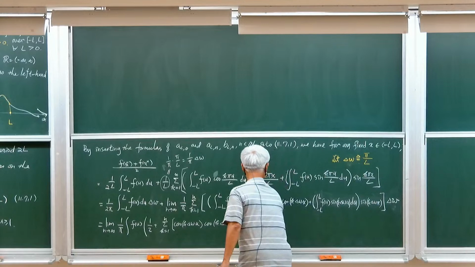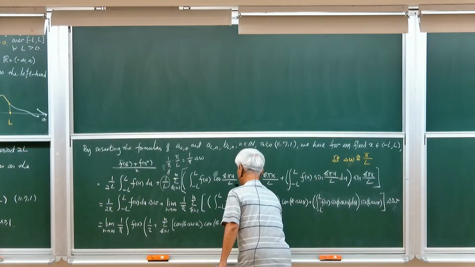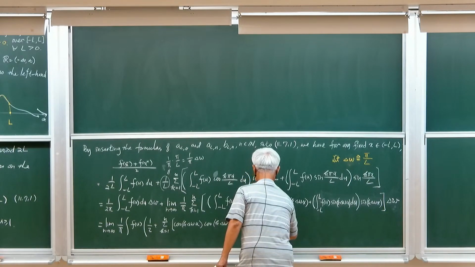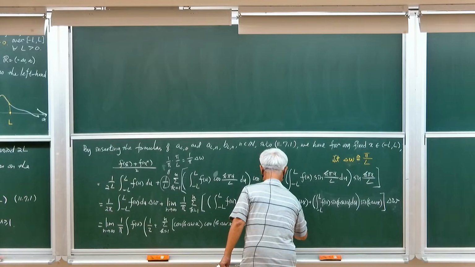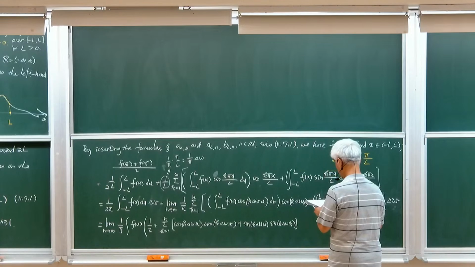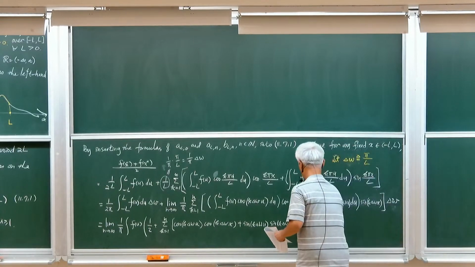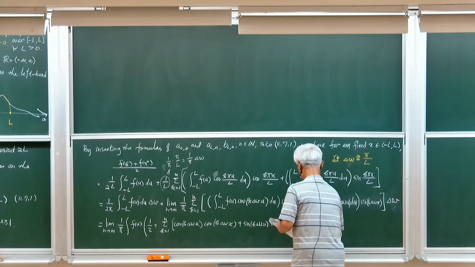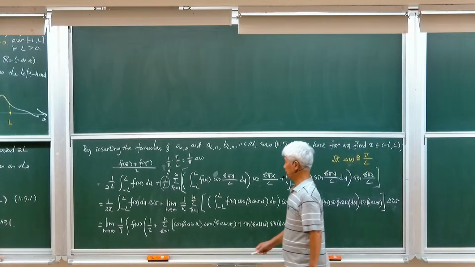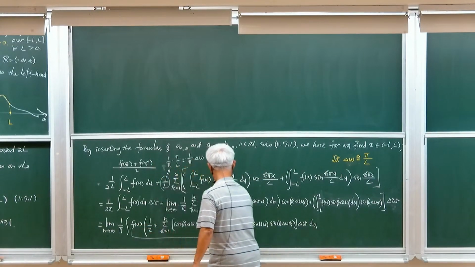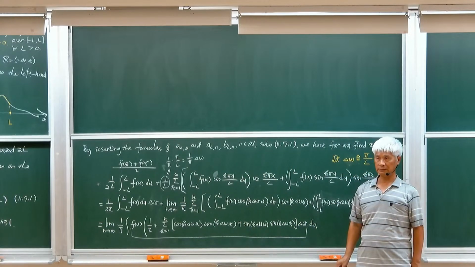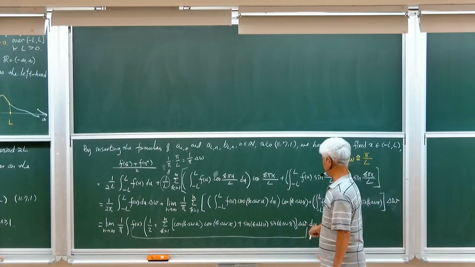Similarly, sine k delta omega x is a constant for a fixed x, so we can move it into the integrand too. Then we move delta omega here and the du. The whole thing is the integral over du here.